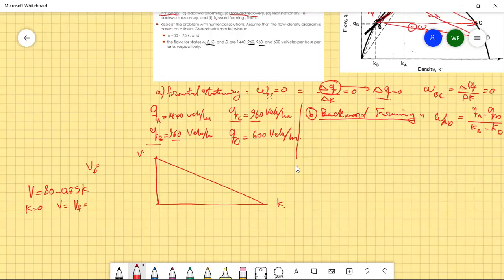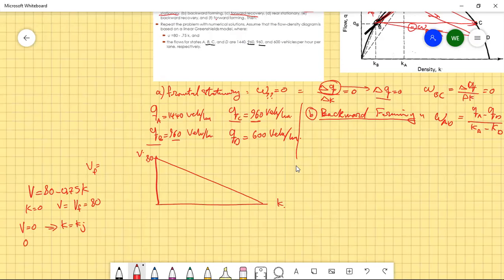So it equals 80. What if V equals 0? Then K equal K jam.